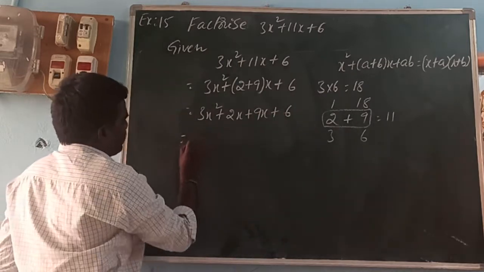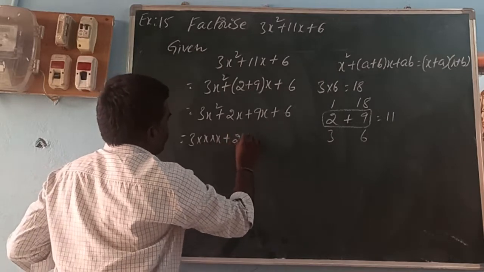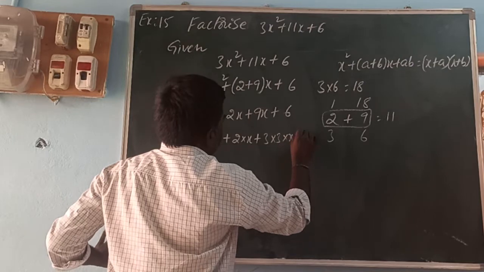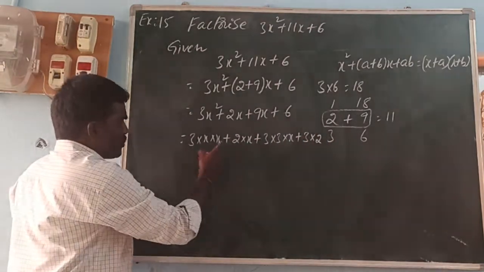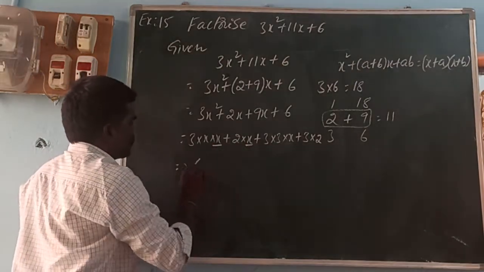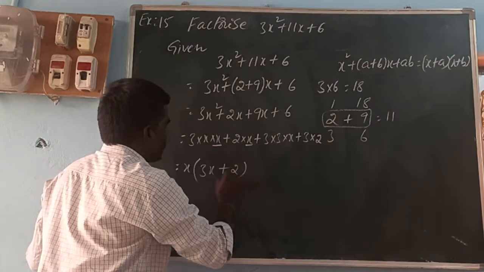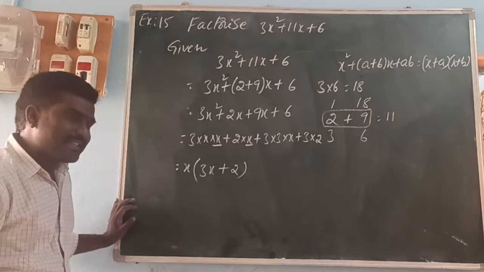3x square, that is 3 into x into x, plus 2 into x, 9x is 3 into 3x, plus 6, we can write as 3 into 2. In these 2 terms, what is common? x. So x is taken outside. What remains? 3x plus 2. By using the distributive property, a of b plus c is equal to a into b plus a into c.